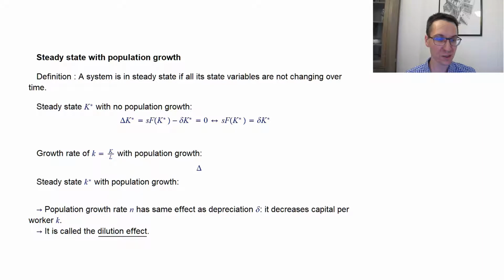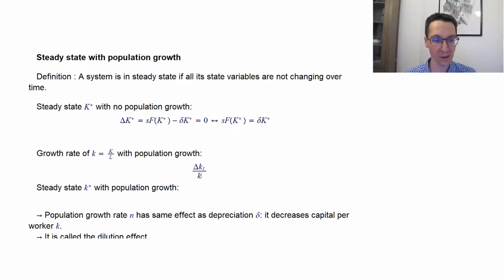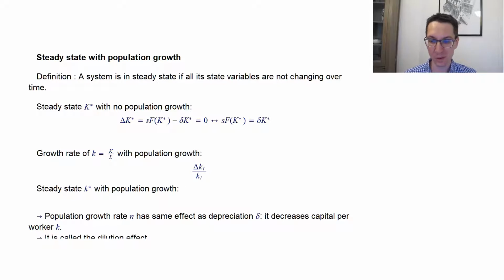So now let's see what happens to the growth rate of capital per capita. Let's say we are at period t. We can write it as delta k_t over k_t. And now we know what happens when we have the growth rate of a division.